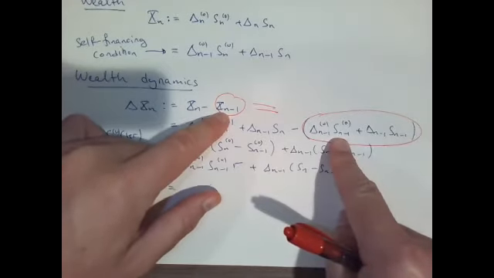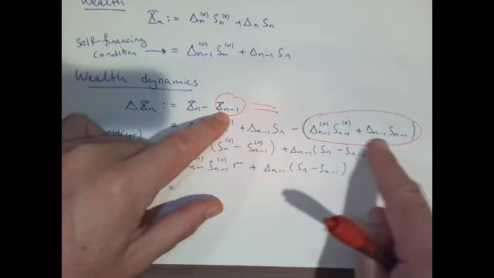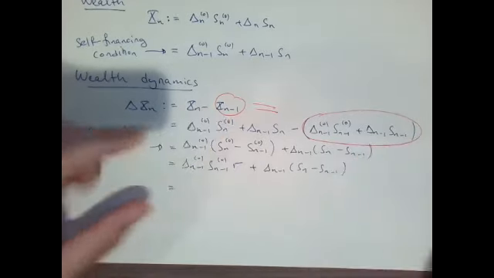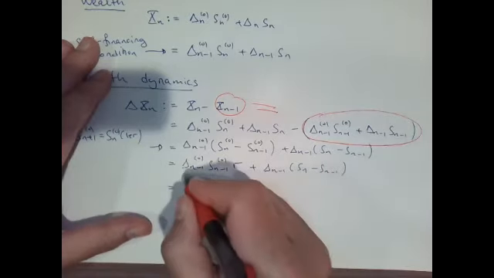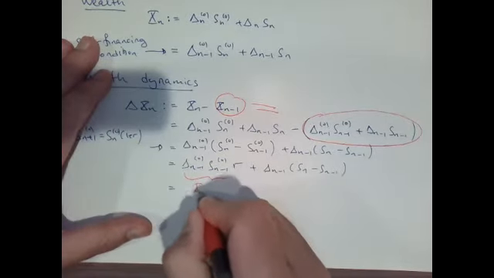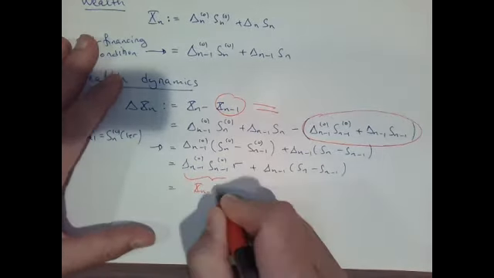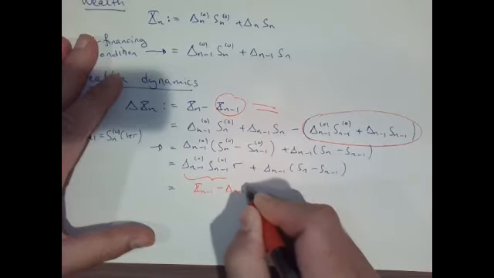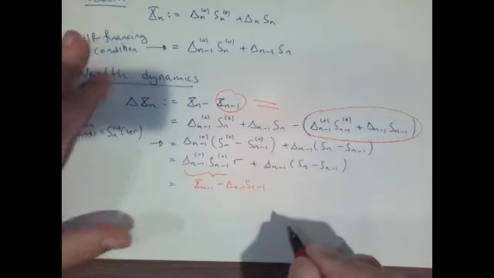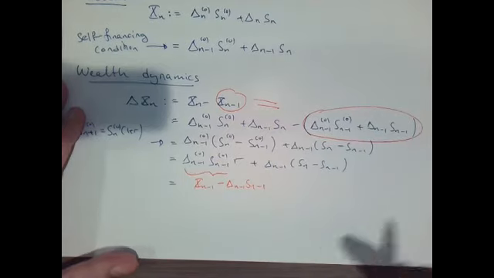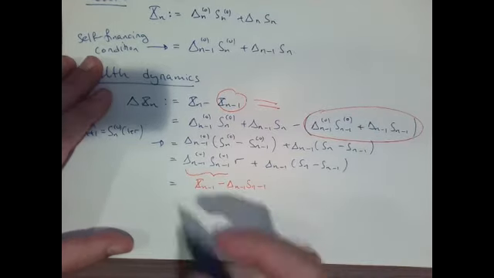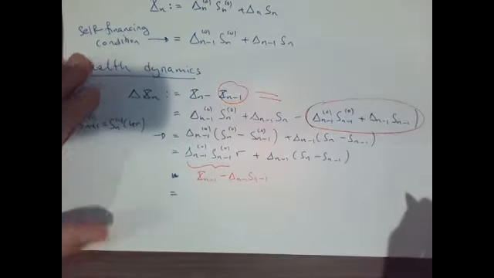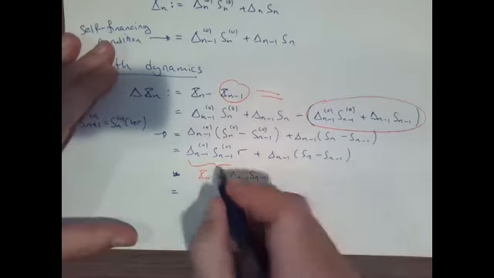So this will be x_{n-1} minus this term over here. And so this term here is going to be x_{n-1} minus delta_{n-1} S_{n-1}. And so I can combine everything.